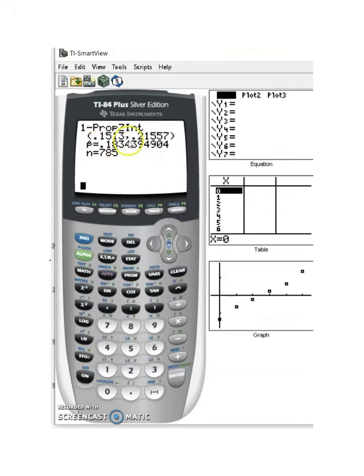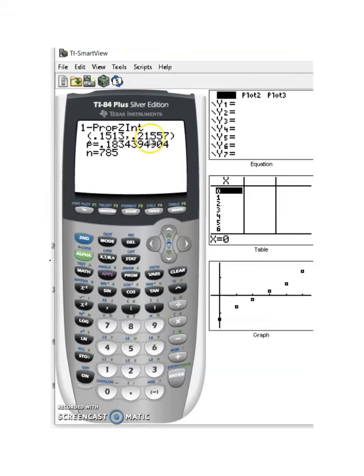So here we go, here's the answer. The lower boundary is 0.151, which is the same as what we got from the formula. Now, the upper bound is slightly different from what we got from the formula. 0.216 using our calculator. With our formula, I think it was 0.215. But this is slightly bigger. That's because we rounded the value of x, because we needed to make it a whole number.